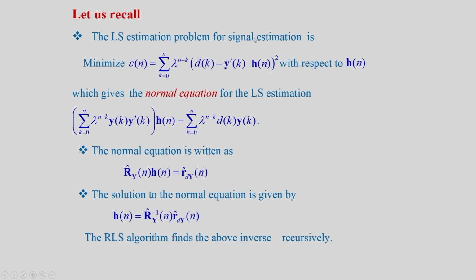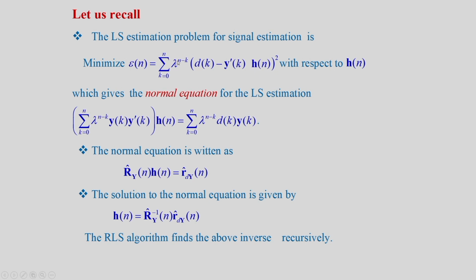Let us recall the LS estimation problem for signal estimation by adaptive filter. This is the problem: minimize the weighted sum square error given by summation of lambda to the power n minus k into (dk minus y transpose k into hn) whole square, k going from 0 to n, with respect to the filter parameter hn.